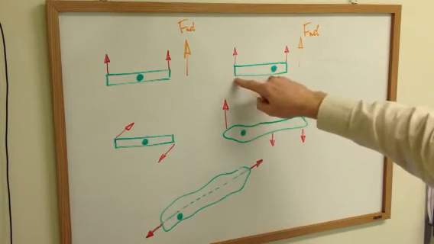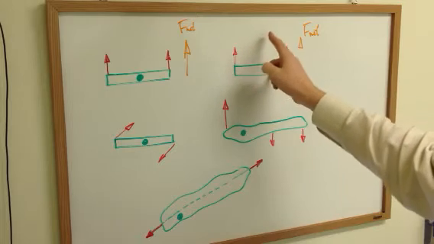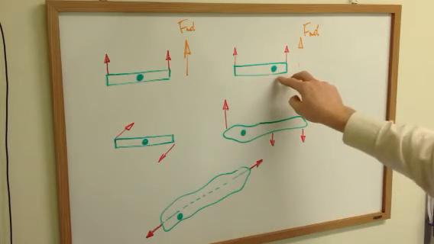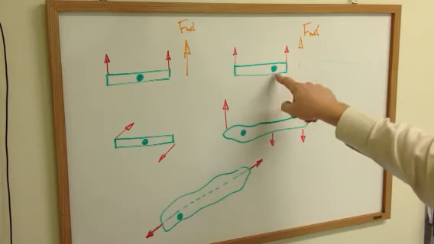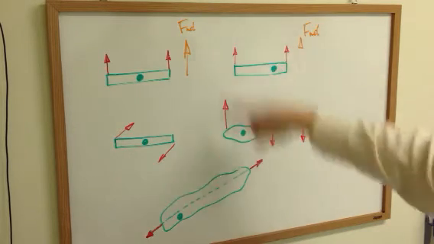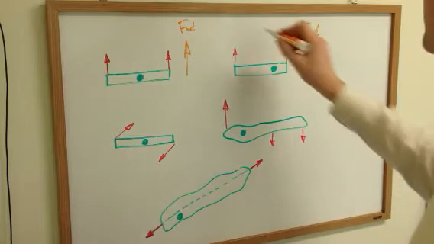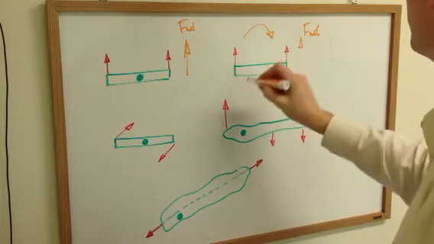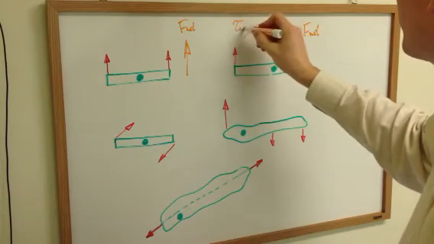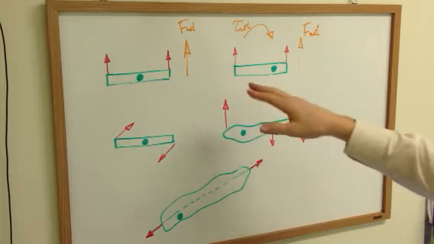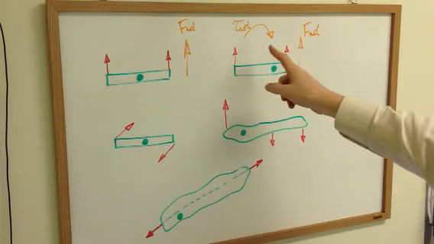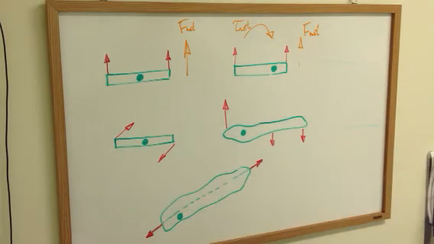So we know that the torque in the clockwise direction is much greater than the torque in the counterclockwise direction, and the way it's set up around this pivot point, this thing will rotate. There's a net torque, and there's a net force. So this thing is not in rotational equilibrium, and it's not in translational equilibrium.